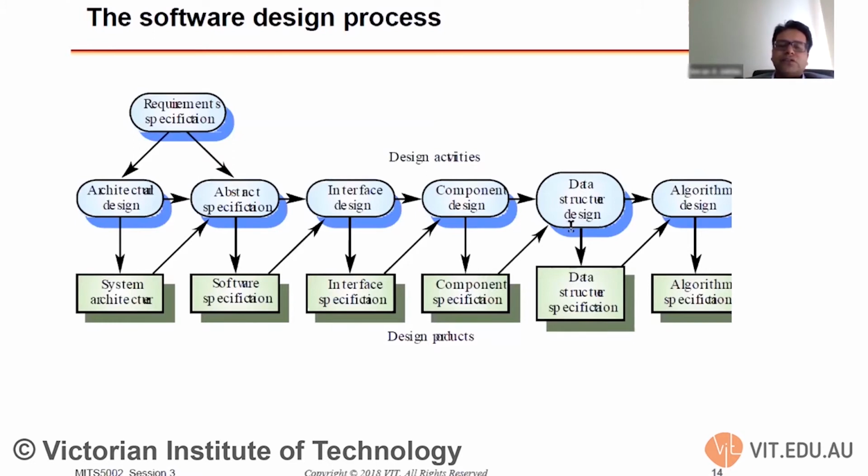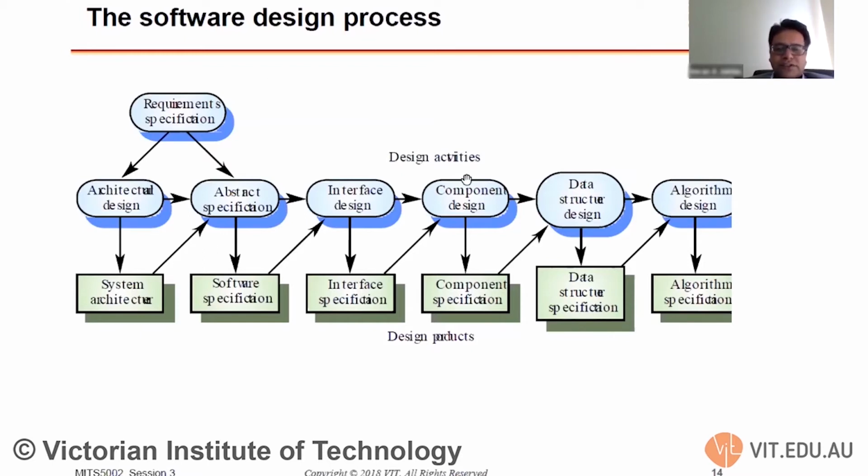But here we also look at different variables, different arrays, different types, what variables you need and how you would use them. And then algorithm design, for example, loops, while loops, or the business process, that how you're going to do it. Say if you're changing temperature from Fahrenheit to centigrade, or vice versa, or if you are changing from Australian dollars to US dollars, or various business processes depending on what you're designing.